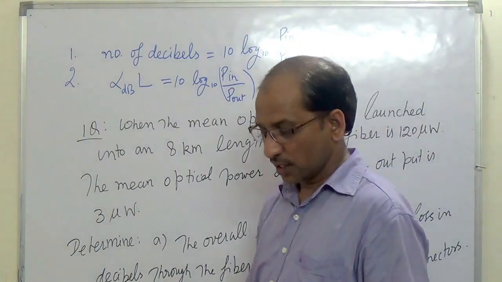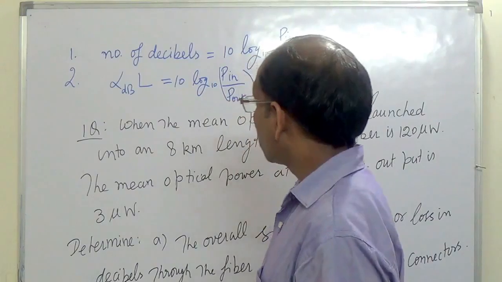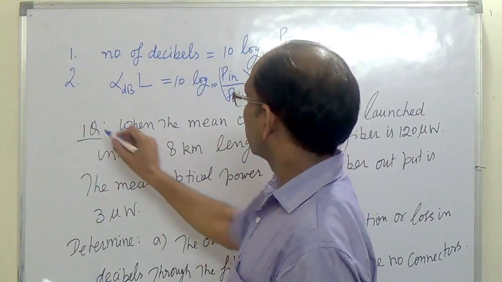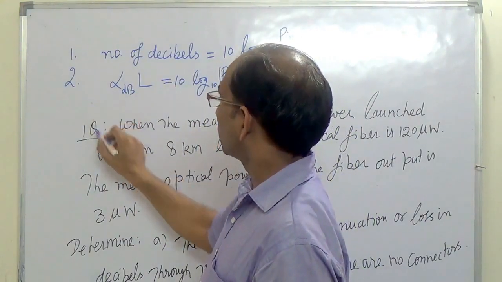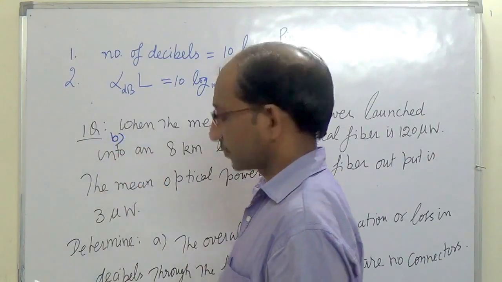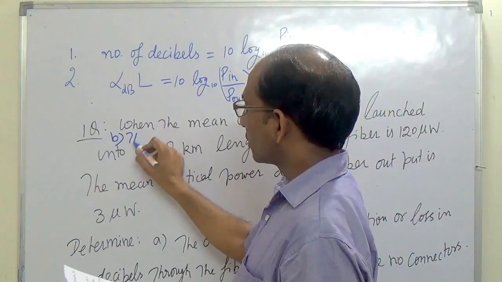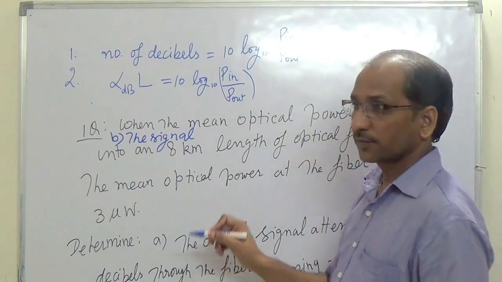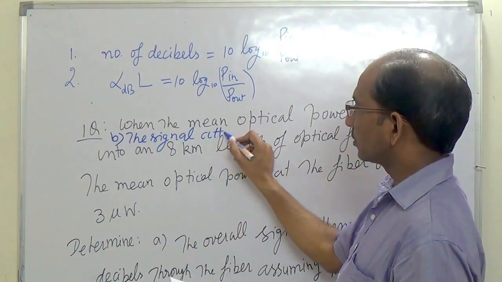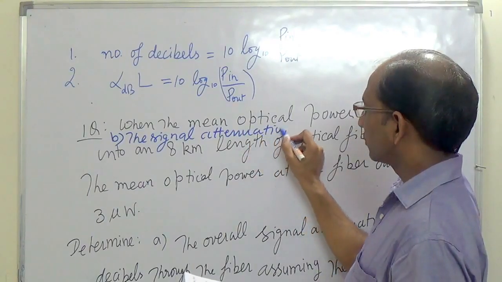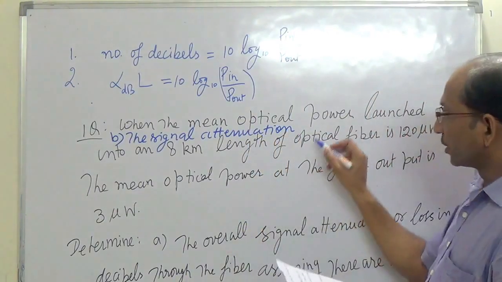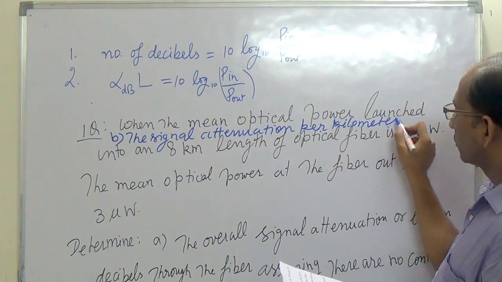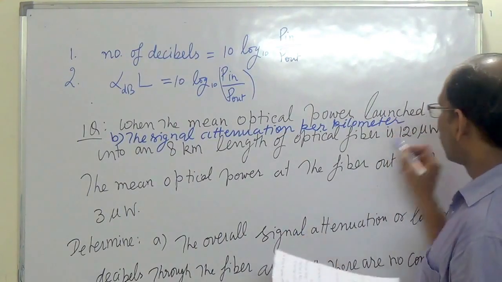So this is part A. Part B is the signal attenuation per kilometer for the fiber.